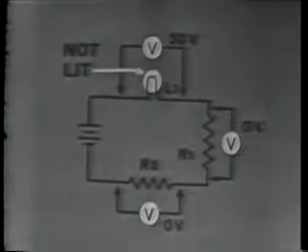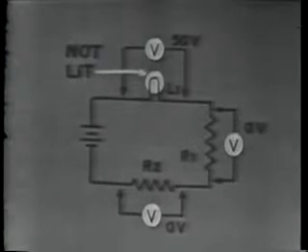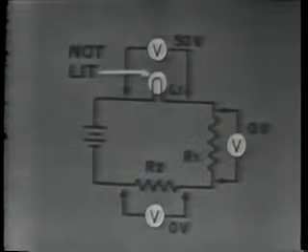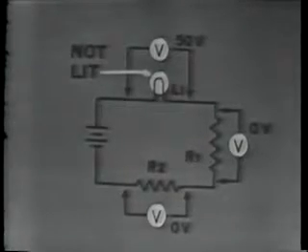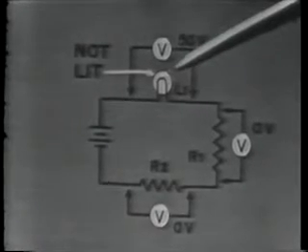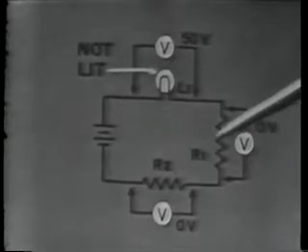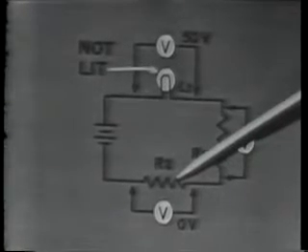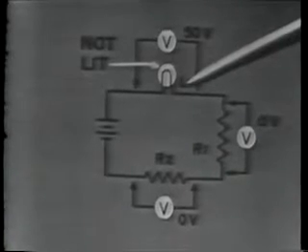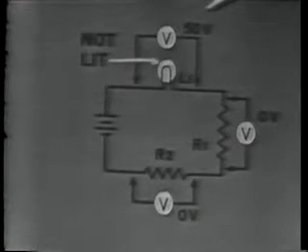Or, if both resistors were shorted, this would also explain the lack of voltage across them. The only other component we have in the circuit is the lamp, and it's not lit. If R1 and R2 had been shorted, there would be enough current in the circuit to light the lamp, since there are 50 volts across it.